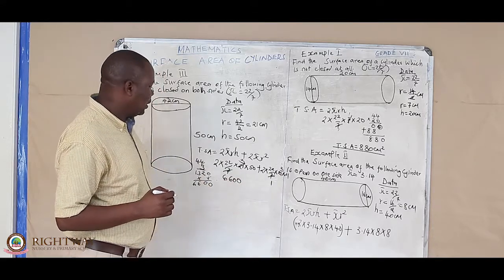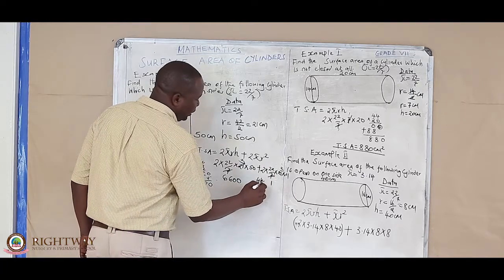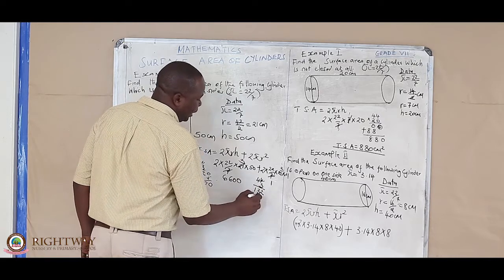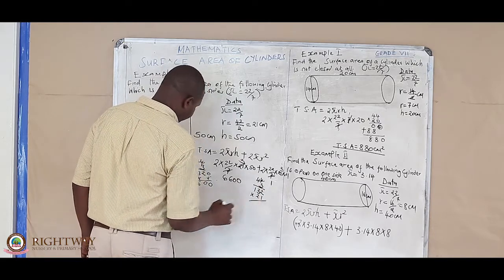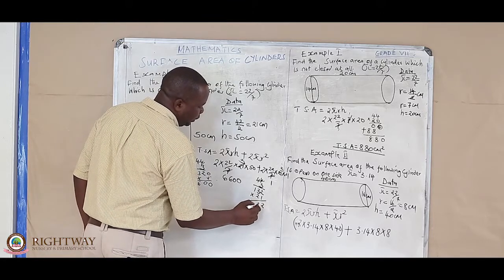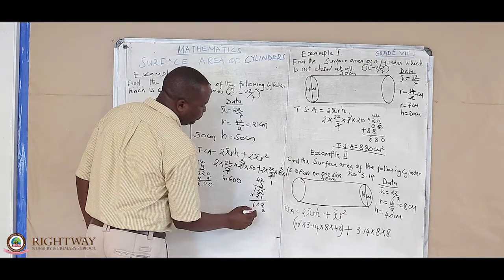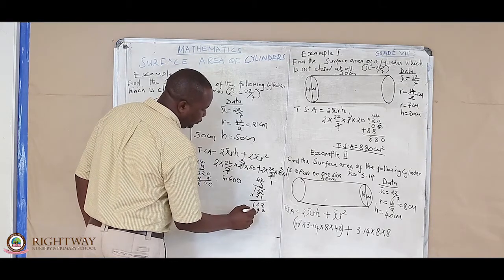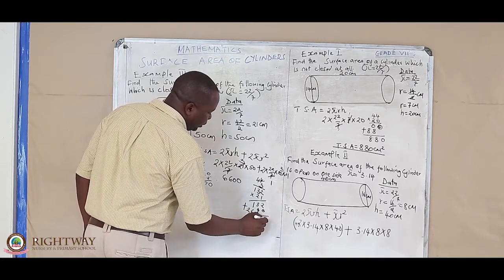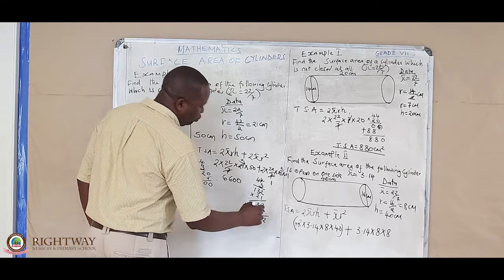This is 44 times 3, that is 132. 132 times 21, that is 2, 3, 1. That is 0, 4, 6, 2. We add them together, we get 2, 7, 7, 2.